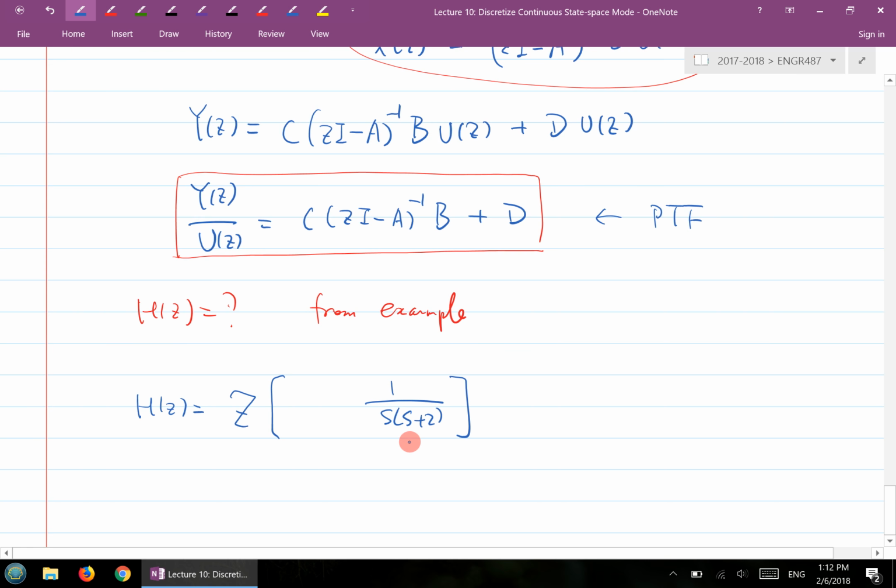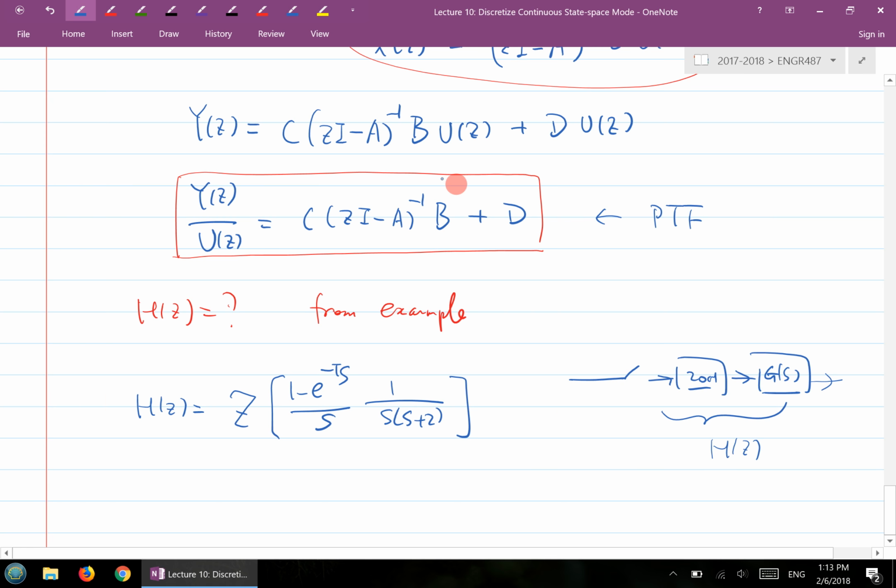This is the plant. And what are we deriving? We're deriving the zero-order hold equivalent. So assuming there's a zero-order hold in front of the plant here, and discretizing this one here, getting, let's call it H(z).